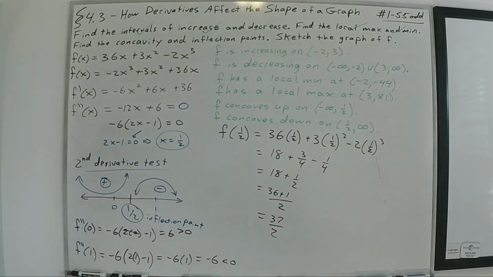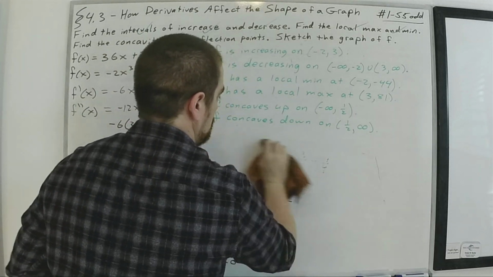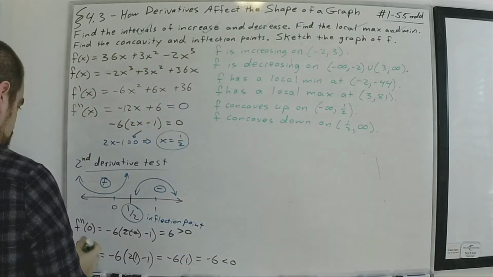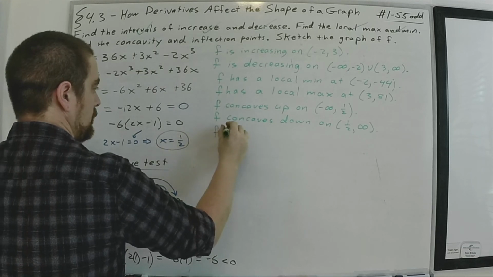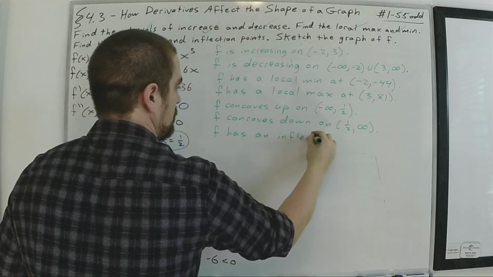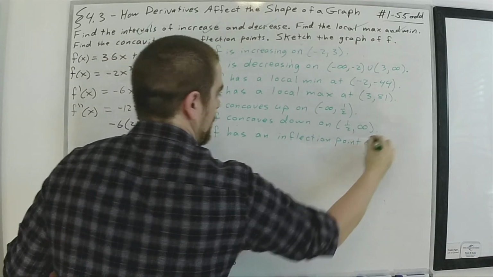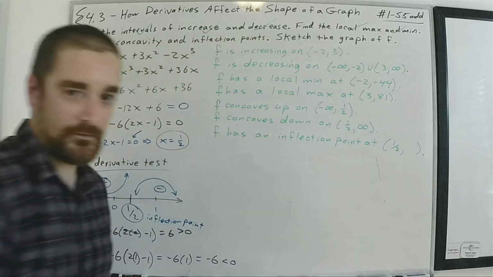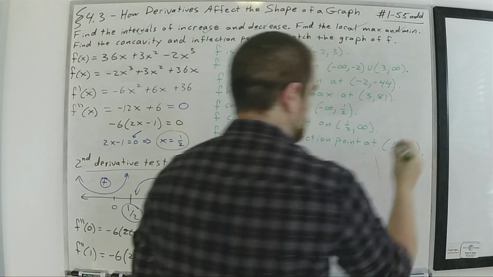And then we'll jot down our inflection point. Hey, I can remember that number, right? Oops, I already forgot it. F has an inflection point at 1/2, comma, whatever that number was. No, I'm just kidding, I remember. 37/2.